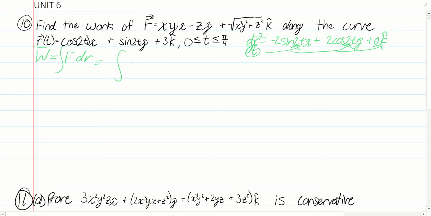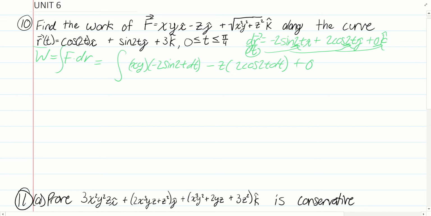We're going to have x y times negative 2 sine 2t dt minus z 2 cosine 2t dt, and then plus 0.